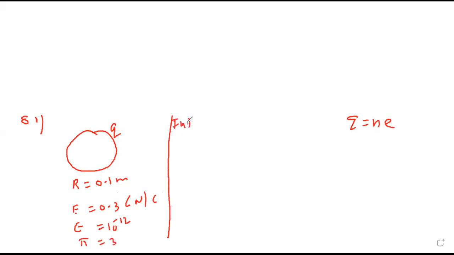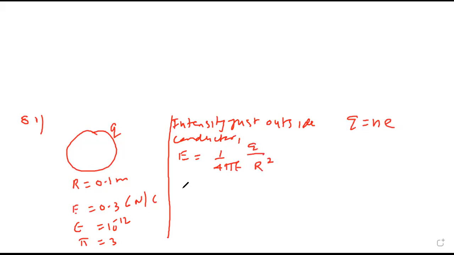So intensity just outside conductor is E equals 1 upon 4 pi epsilon Q upon capital R square. E we want 0.36. 1 upon 4 pi, they are telling take epsilon as 10 raised to minus 12, into charge Q. This radius 10 raised to minus 1 square, and pi they are telling take as 3.